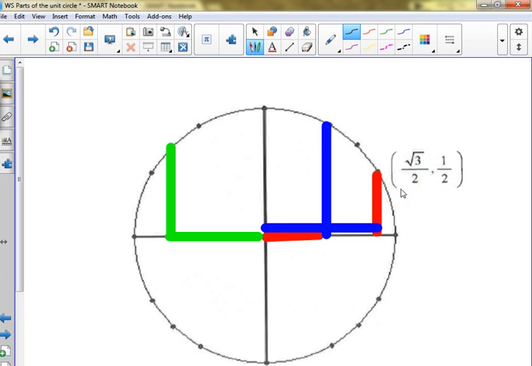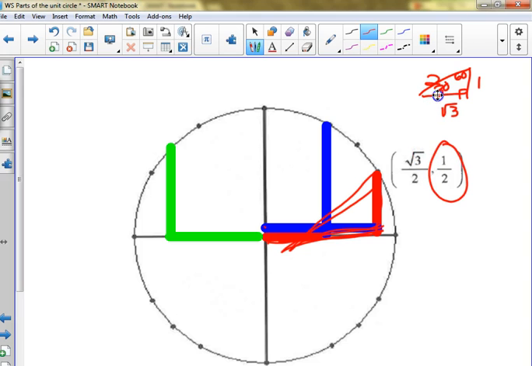I don't even want to put this ordered pair on here. I want you to know where to get this. If this is red right here, and this is a 30, 60, 90, you just told me that meant this was 1, square root of 3, and 2, right? So opposite over hypotenuse should be the sine, and adjacent over hypotenuse should be the cosine, right?